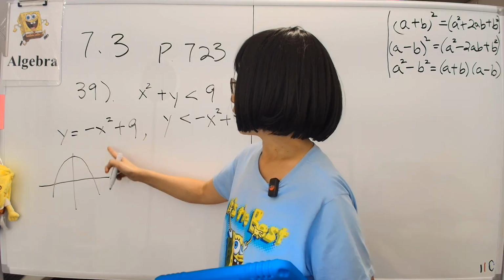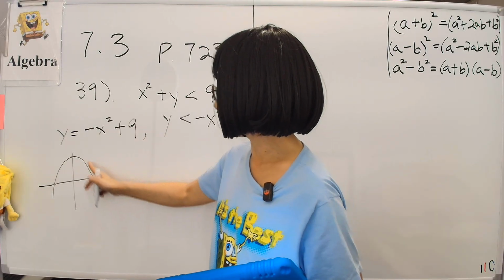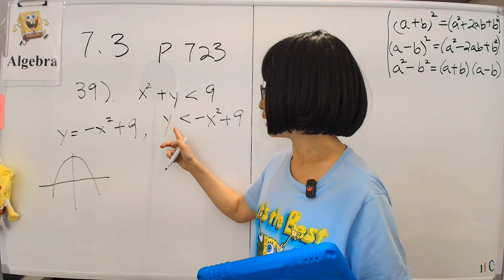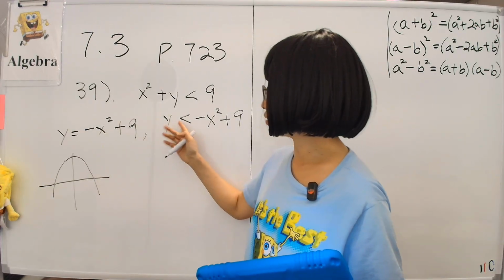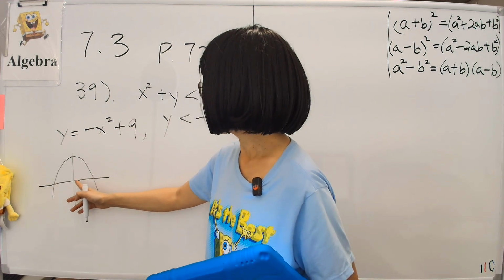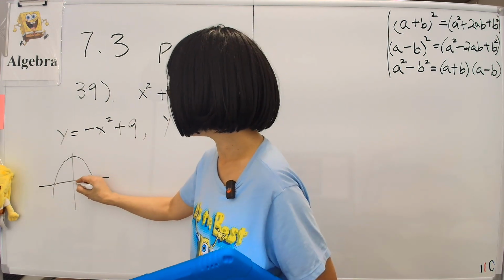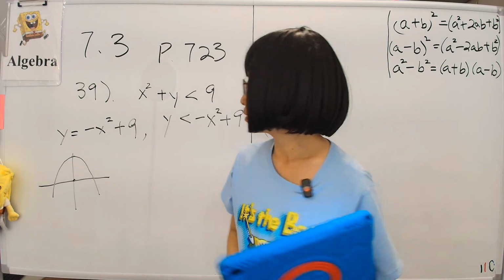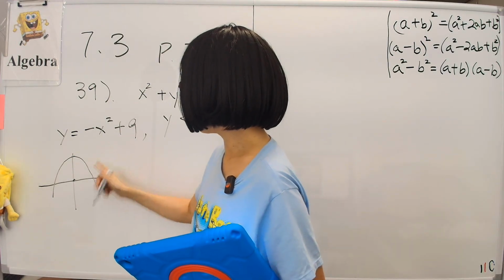And then you ask yourself, this is y equals the stuff. When is y less than? Most of the time, if you say y is less than, it will be under it. But to make sure, let's consider the origin where x is 0 and y is 0. So what happens when x is 0?